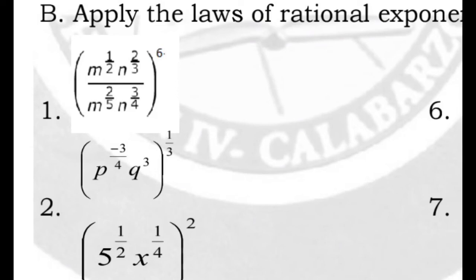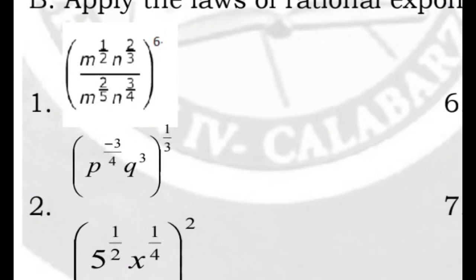m to the power of 1/2 times n to the power of 2/3 over m to the power of 2/5 times n to the power of 3/4, all raised to the power of 6. So this is raised to the power of 6. So we're going to have the numerator and denominator raised to the power of 6. So we can have this one as m raised to the power of 1/2 times 6.